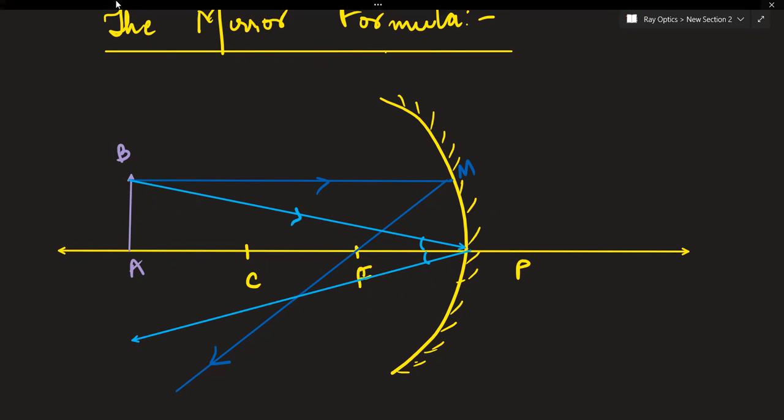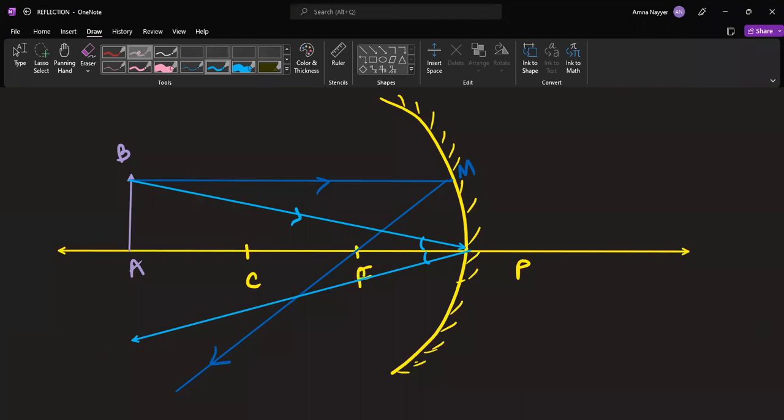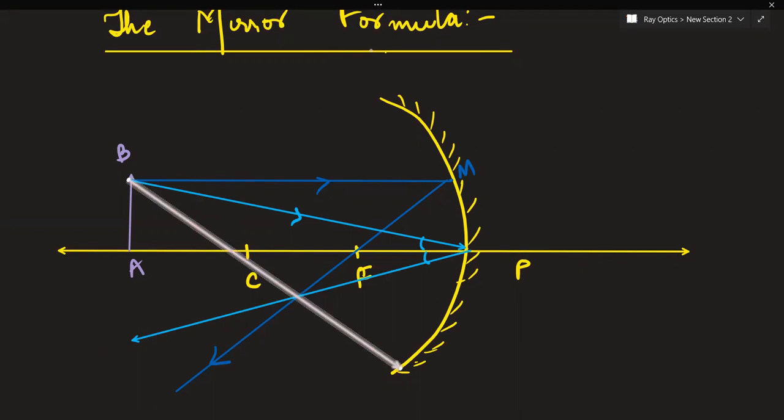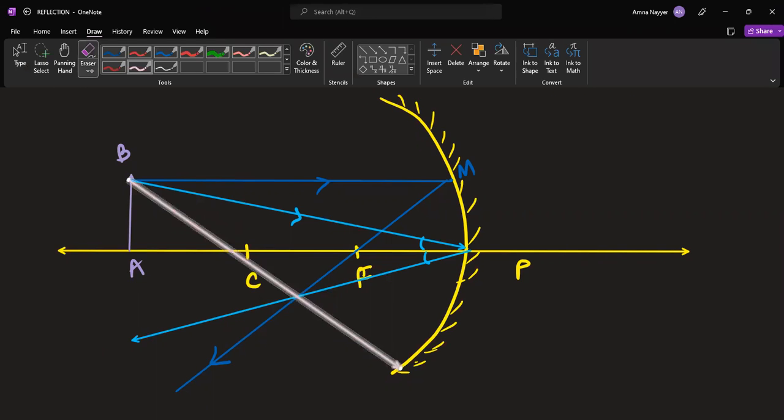Last ray will be passing through the center of curvature. So this will pass through the center of curvature and it will retrace itself. So the center of curvature will be here.